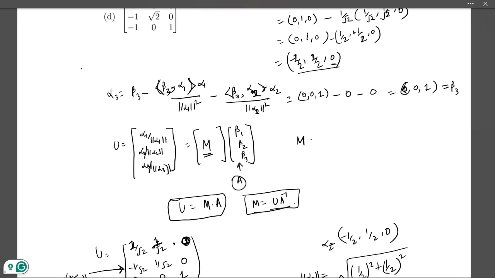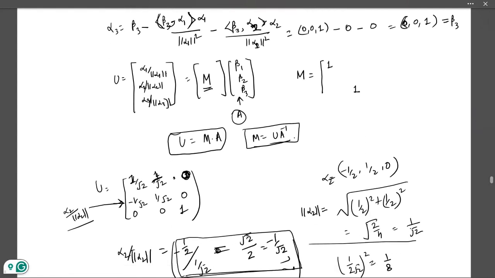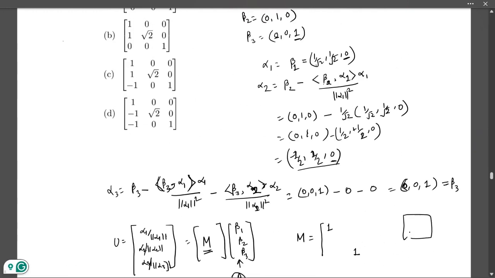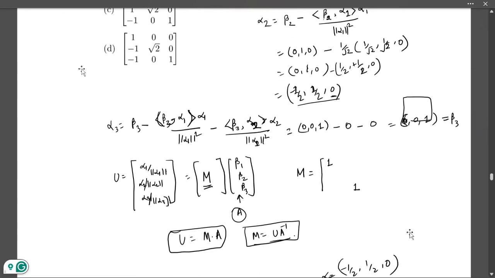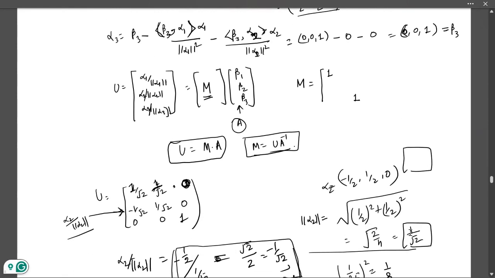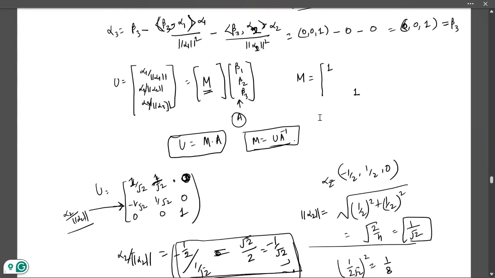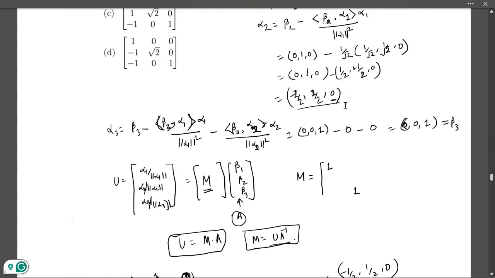I'm just calculating from the classroom exercise. The norm for 1 is 1, the norm for 3 is 1, the norm for 2 is 1 by 2. This is coming as 1 by root 2. The norm for 2 is 1 by root 2, right? So here in the second position, we should get 1 by root 2. And every upper entry is 0.